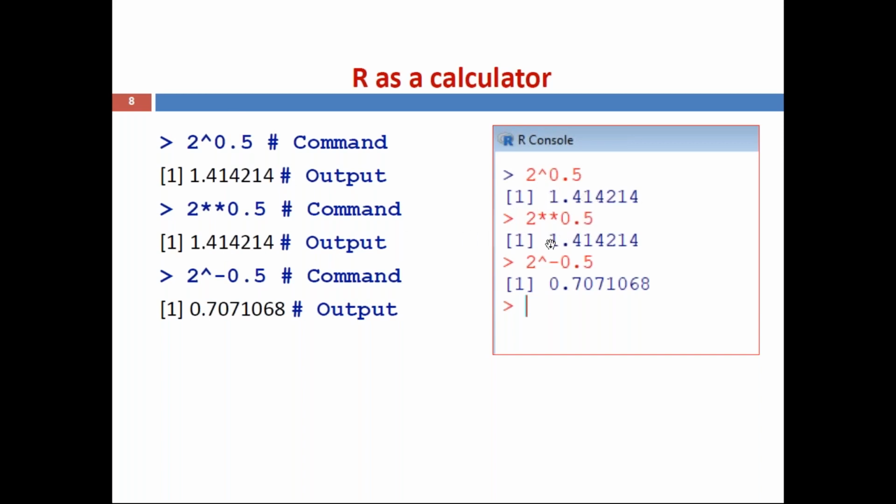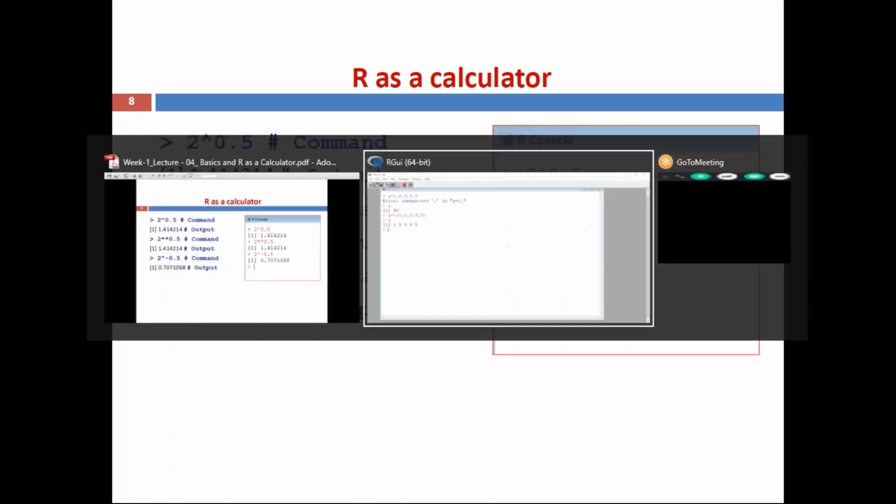So it gives the same result, 1.414. Then again 2 power minus 0.5. So this is 2 power minus 1 by 2, that is 1 by the square root of 2. So the output is 0.7071.